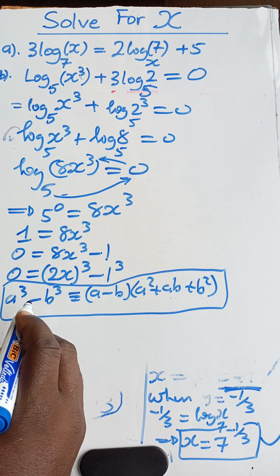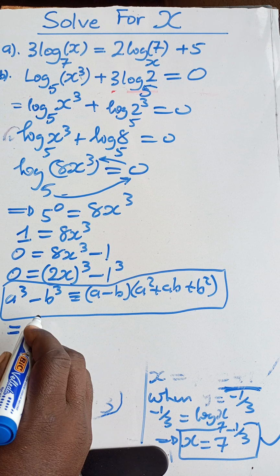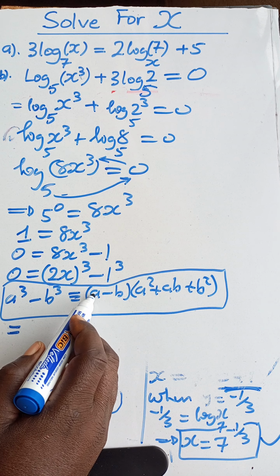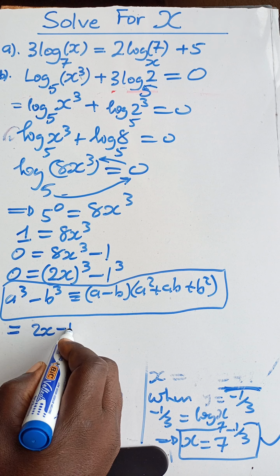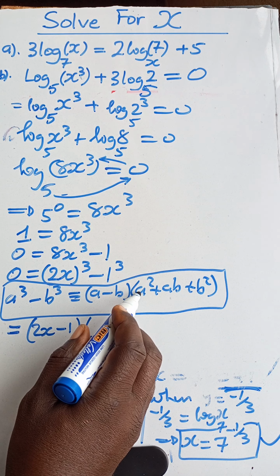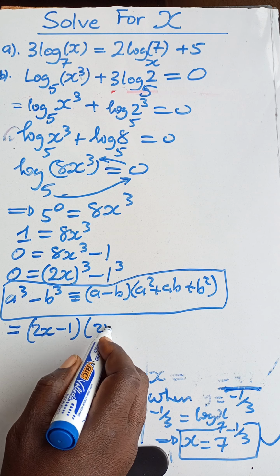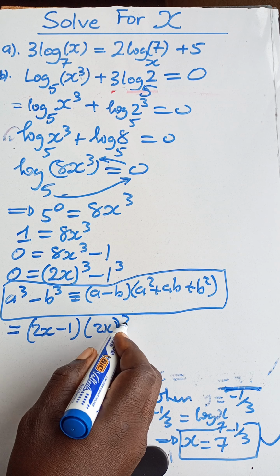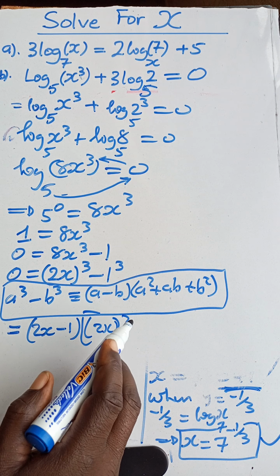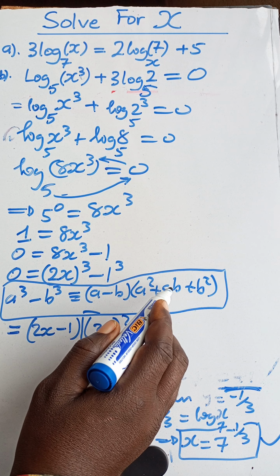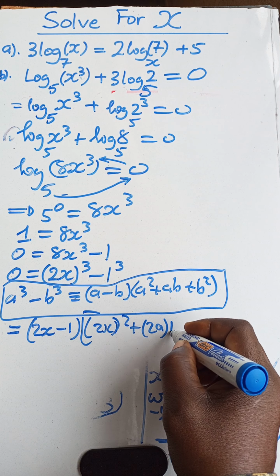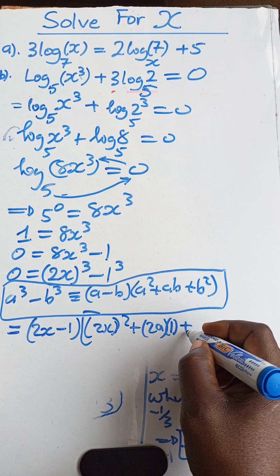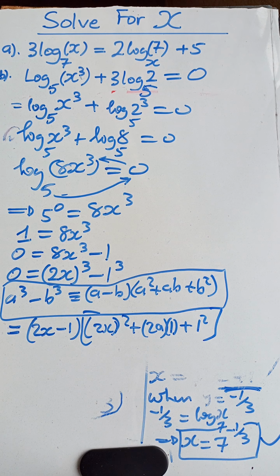So all of this can be written the same as 2x minus 1 into 2x squared plus, remember wherever we see a, it is 2x, 2x times 1, b is 1, plus 1 squared.